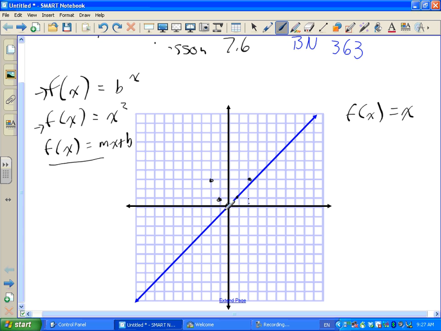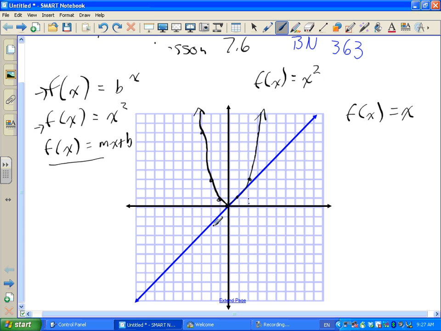Hopefully this is not new to any of you. Over 3, up 9. Not the most perfectly drawn quadratic function, but that is our quadratic function. That is f of x is equal to x squared.